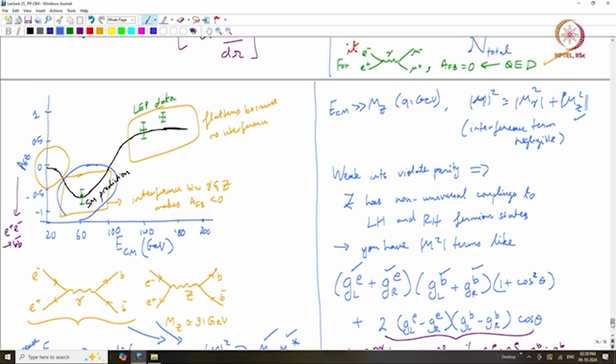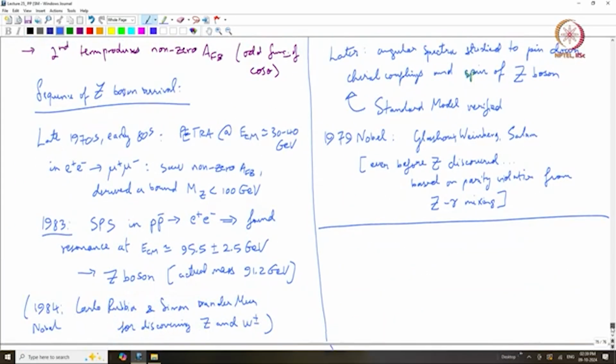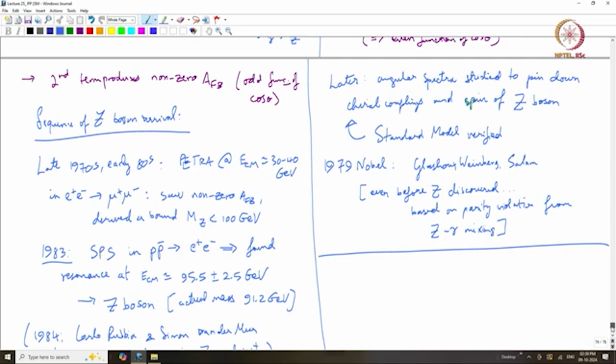So seeing these hints is how people knew that the Z boson was really around the corner, and that immediately led to the Nobel Prize for the theorists Glashow, Weinberg and Salam, because it really vindicated the standard electroweak theory, which already started being called the Standard Model back then. And of course we talked a little bit about the history.